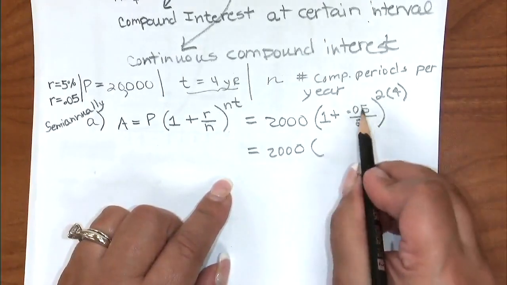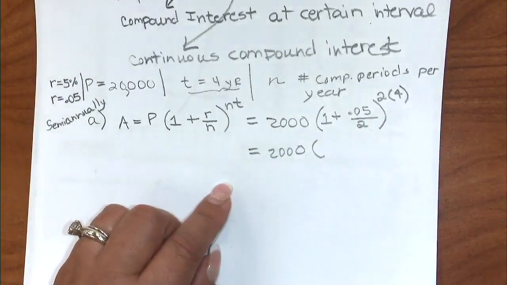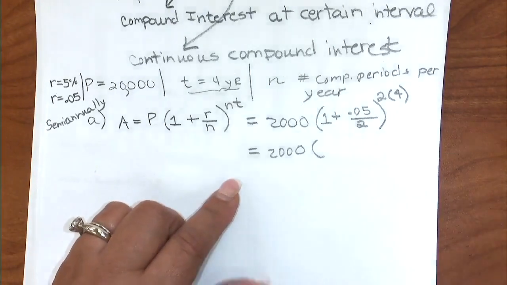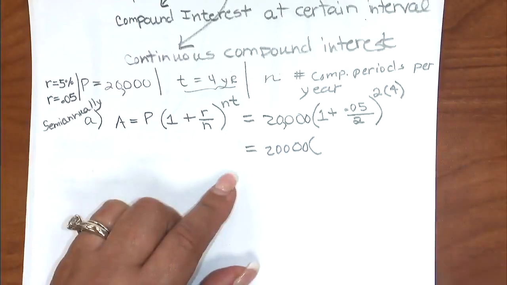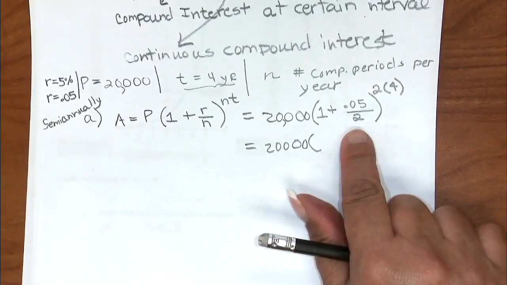Why don't you go 0.05 divided by 2? Somebody go 0.05 divided by 2 unless you already know what it is. What is it? 0.025?